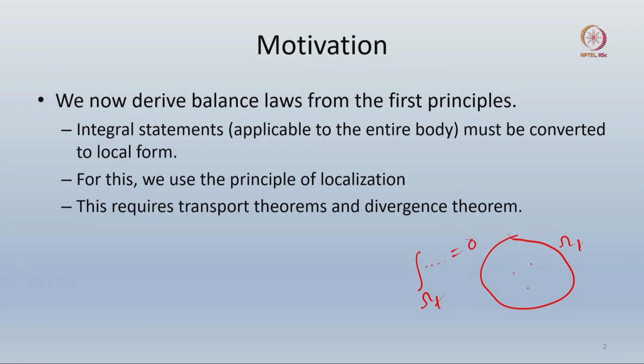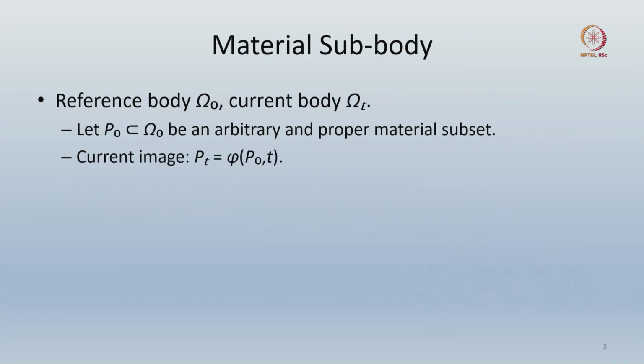For this we will be using a standard principle of localization as indicated here, but to use it we will need transport and divergence theorems. So let us go through these theorems first.